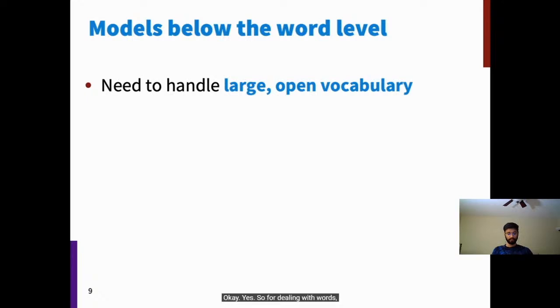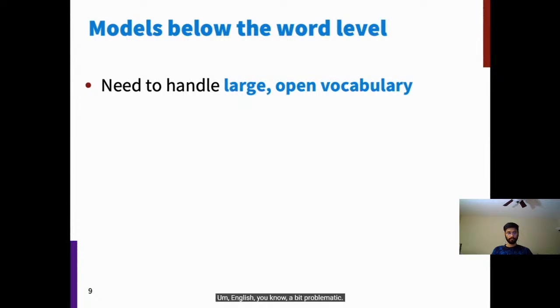So for dealing with words, there are these practical problems. And we already started to touch on them: if you try to build word-based models, there's this huge space of words. Strictly, there's an infinite space of words, because once you allow in things like numbers, let alone FedEx routing numbers, or if you allow in just morphology, where you can make words like unfortunately, you can just expand the space of words, so you get this large open vocabulary.